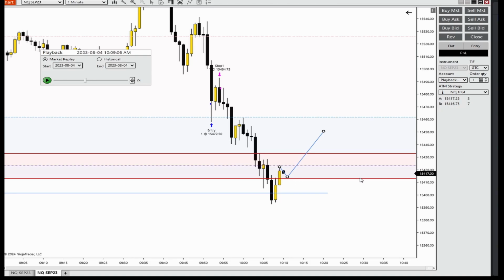If A, then B. If A doesn't exist, then we've got a different scenario. If we get that fractal and we leave, now we've got an area of interest that we're expecting strength. Why? Because the market made a decision here to not continue the downtrend above this order flow. That's a lower time frame break of structure.